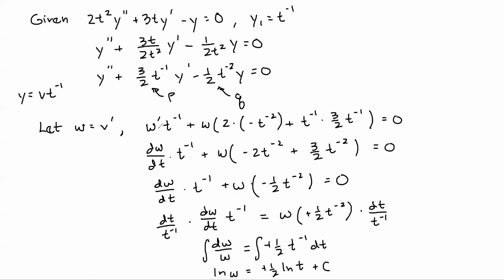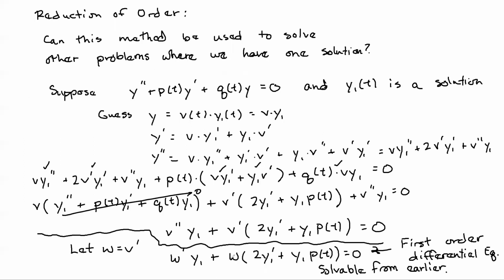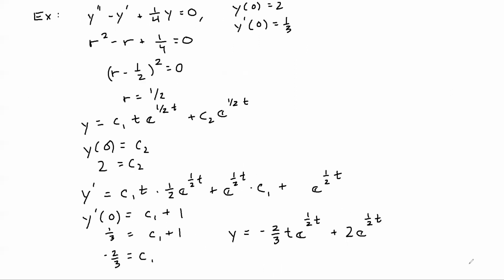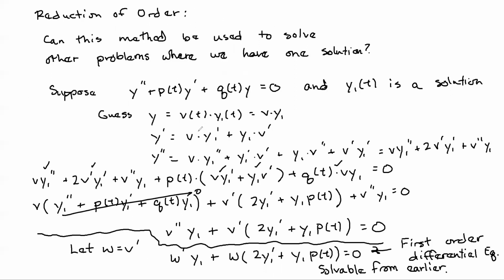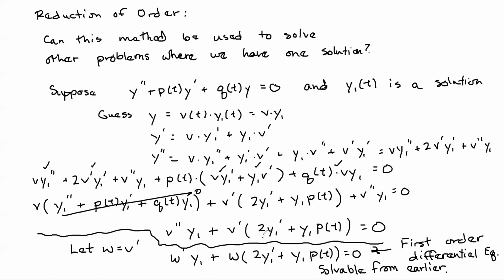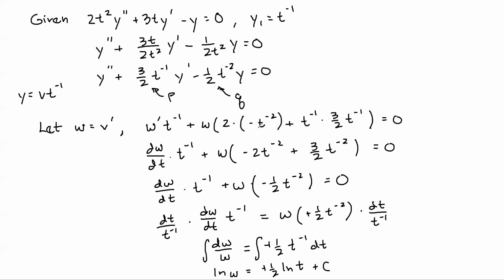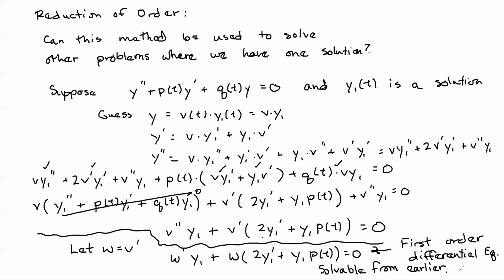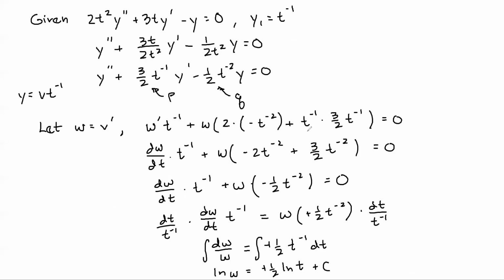So that's what we did. We've got w prime, there's y1, that's that, plus w, and then inside here, I put 2 times y1 prime plus y1 times p, right? The p being the stuff that's for y prime.